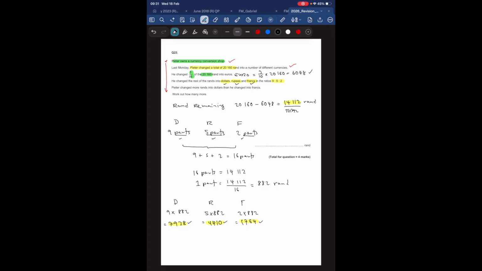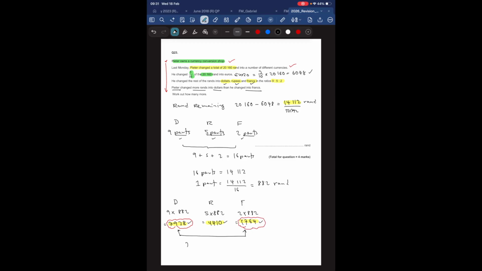Now, if we look at the last line, it tells you Peter changed more Rands into dollars than he changed into francs. So all we then basically need to do is work out the difference between the number of Rands converted into dollars and the number of Rand converted into francs. So we just need to subtract these two values from each other.